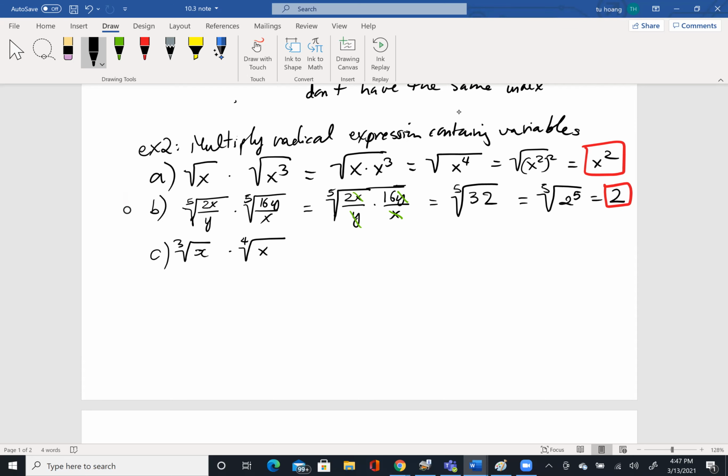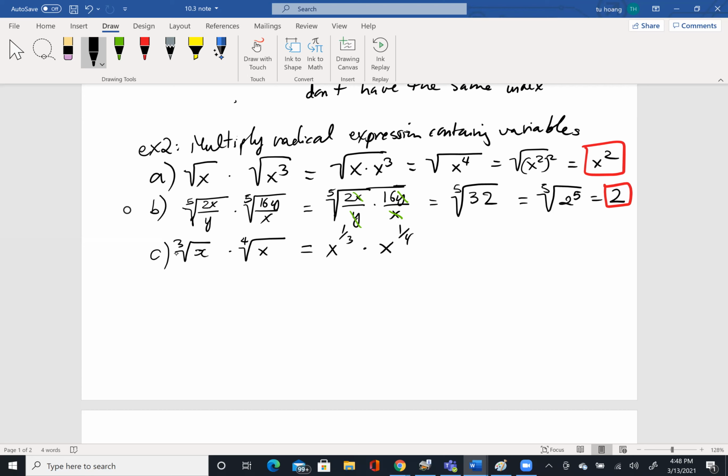You can change it to rational power form. As you learned in the previous section, the cube root of x can be rewritten as x to the power 1/3, multiplied by x to the power 1/4, because of the fourth root.